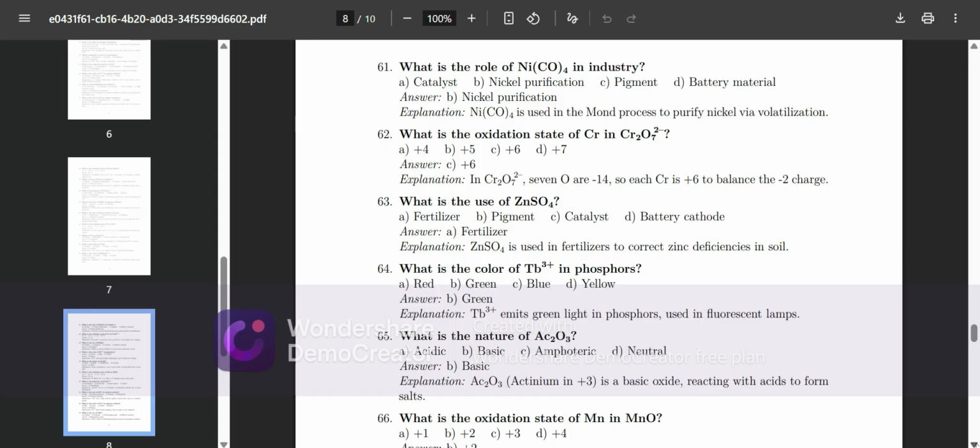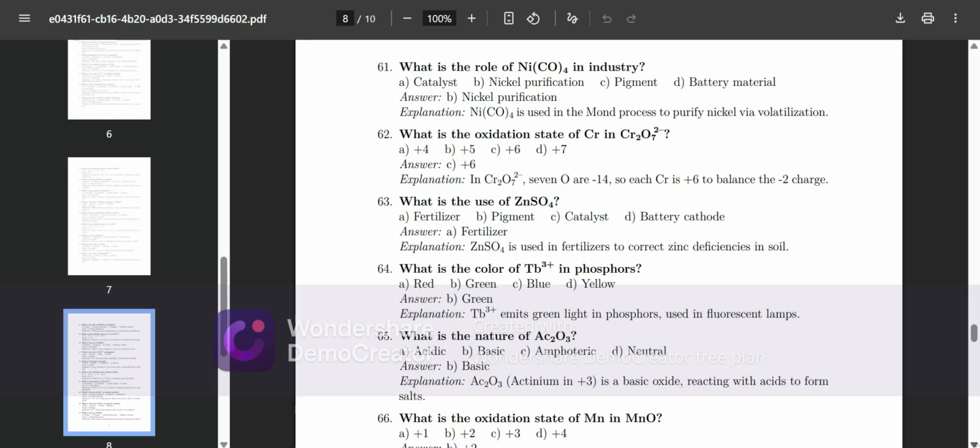Nickel purification. Ni(CO)4 is used in the Mond process to purify nickel via volatilization.